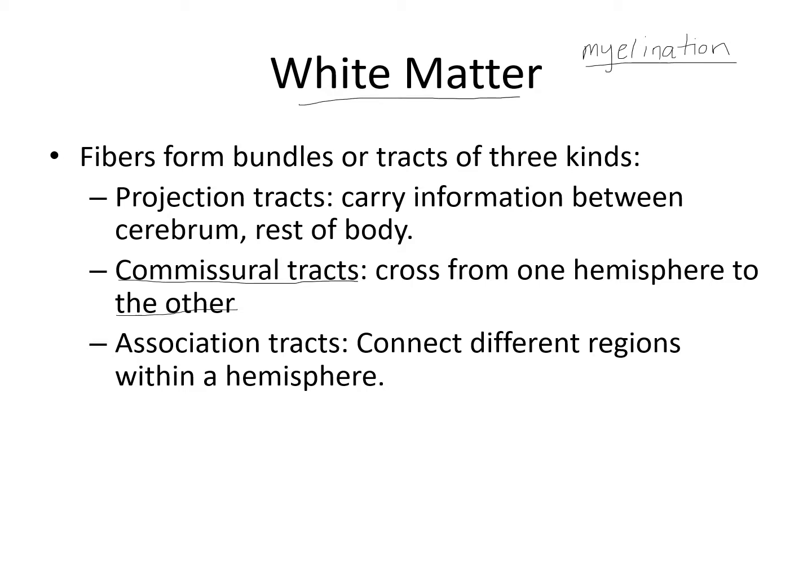Can you think of what that is? That's going to be your corpus callosum. So the corpus callosum is essentially one large commissural tract. And then the association tracts are going to connect different regions within a hemisphere.